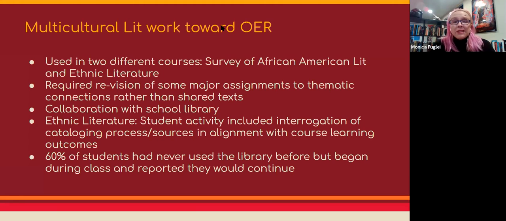library. What this did is it drove students to see the library as a major additional source to their resources. And it got students who weren't using library resources into that space to sort of demystify the process for some of them.